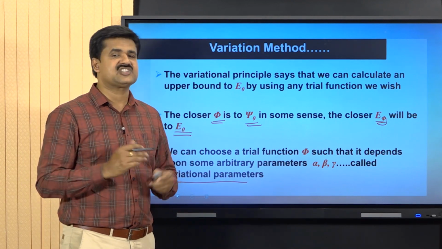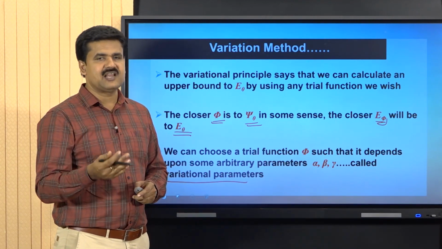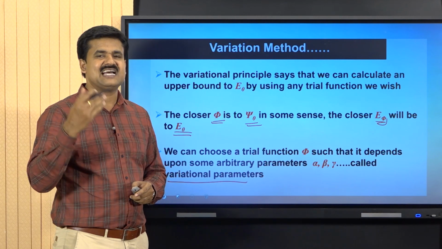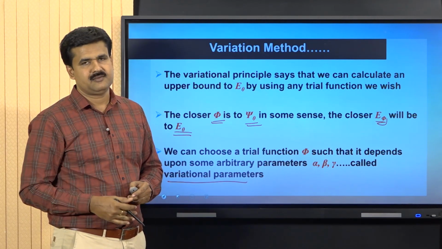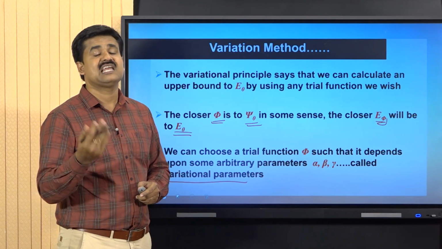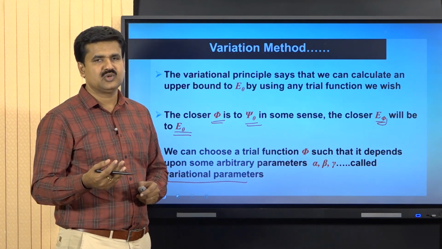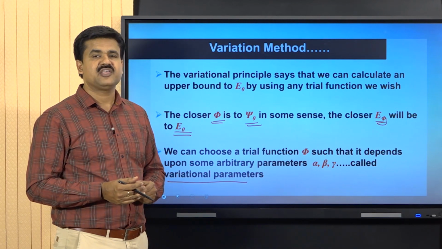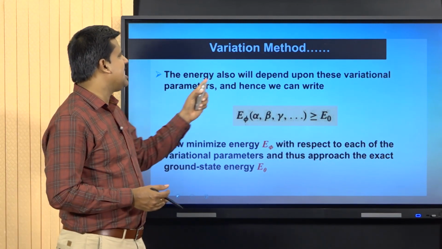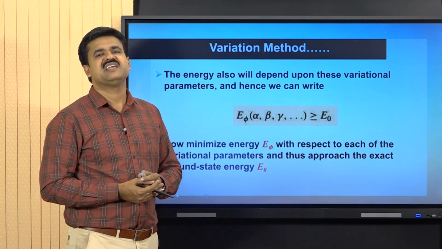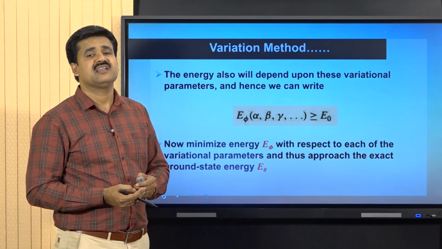So, what are variational parameters? They are the parameters that govern the trial wave function phi. So, phi can be represented as phi of alpha, beta, gamma, etc. The energy also will depend on these variational parameters alpha, beta and gamma.